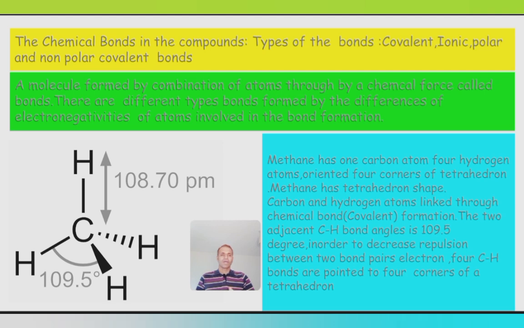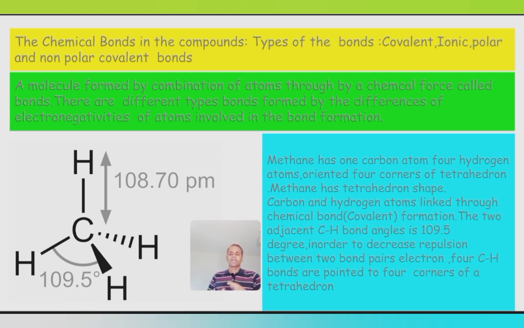There is an equal and mutual sharing of electrons between carbon and hydrogen, which results in the formation of a covalent bond. In the diagram, you can also see the bond angle between adjacent carbon-hydrogen bonds is 109.5 degrees, and the bond length is 108.7. That's a pure carbon-hydrogen sigma bond.